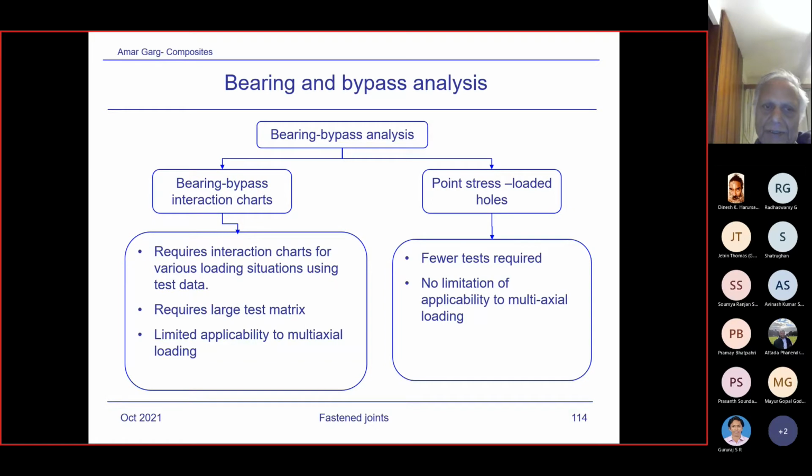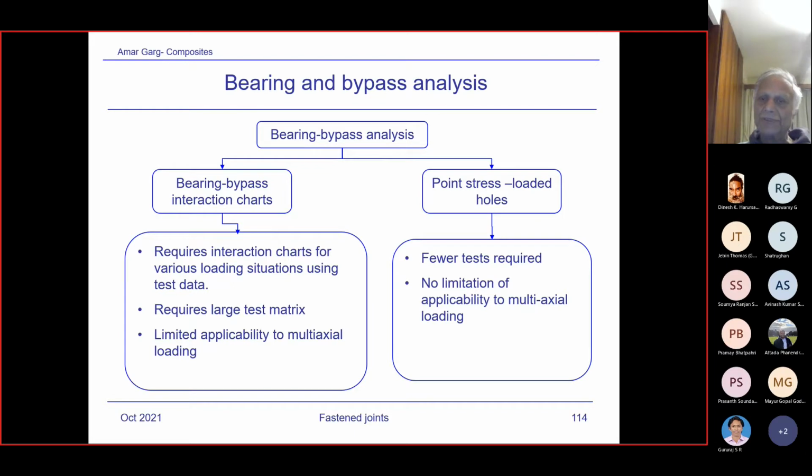And I said the interaction charts do have the limitation because you have to prepare the interaction charts for various loading scenarios, geometric parameters, the laminate parameters. It makes the determination of all those data quite complex, but that can be done.